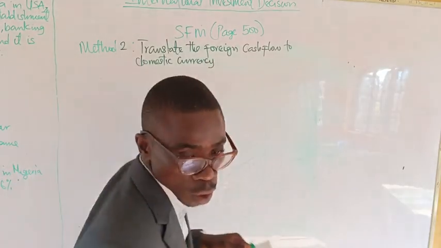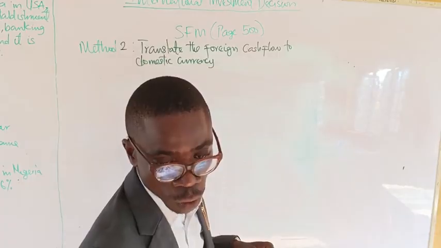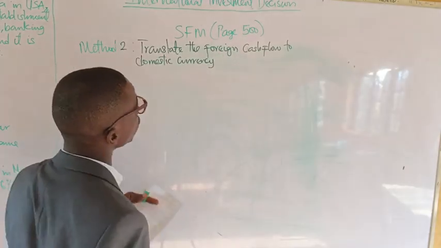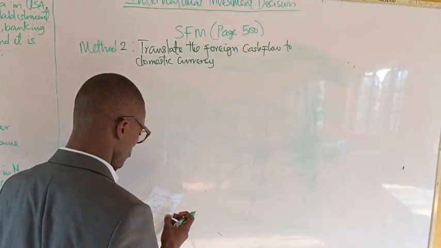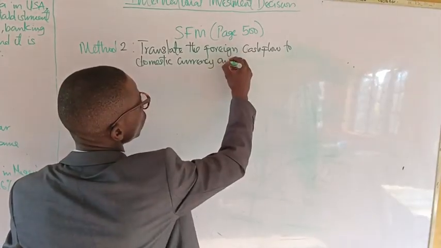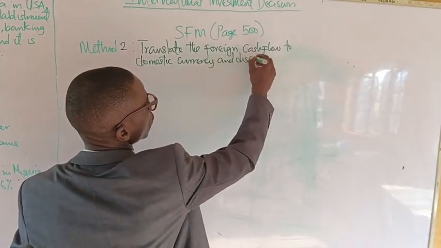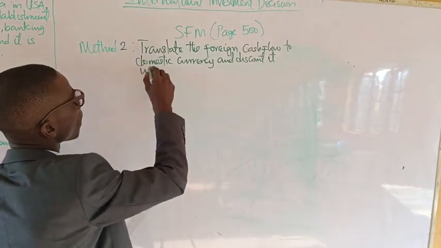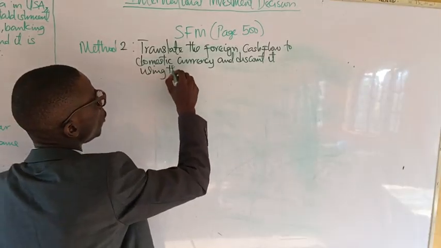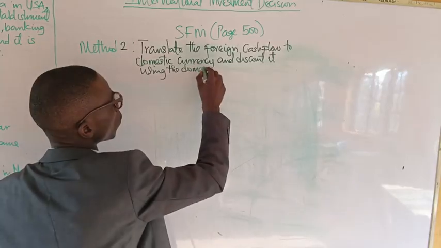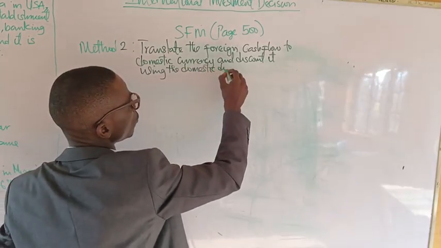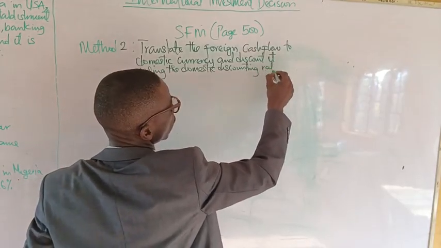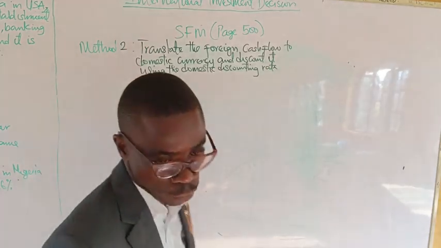Because if the cash flow is in foreign currency, you translate it to domestic currency, and after you have done that, you now discount it using the domestic discounting rate. So let's solve this now.